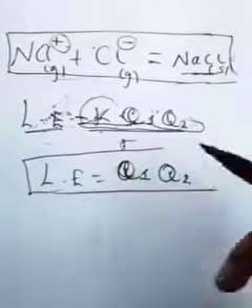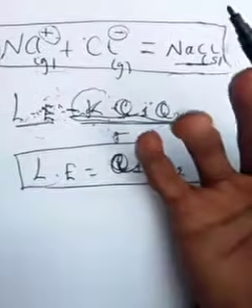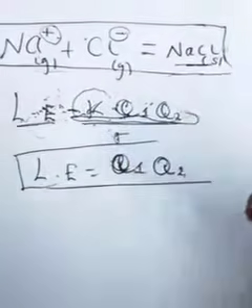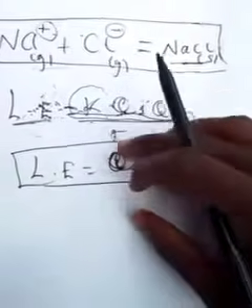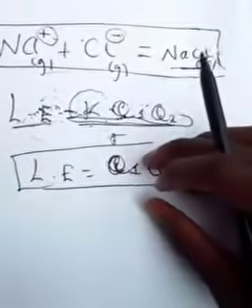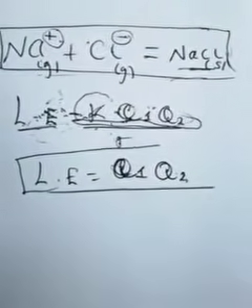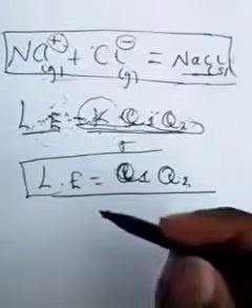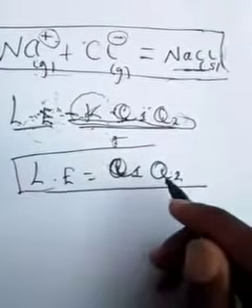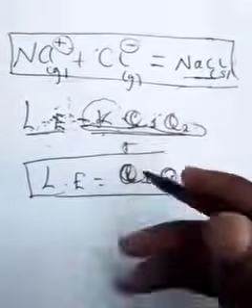So what I'll be doing is getting an ionic compound, and then getting the charges of the elements involved in the compound. I'll be multiplying them. What I'll be getting will be representing how large the lattice energy is going to be. Q represents the charge. So I'm going to get them one by one.